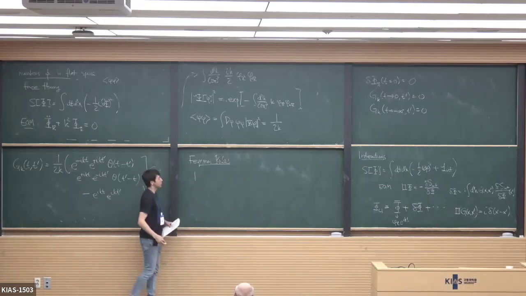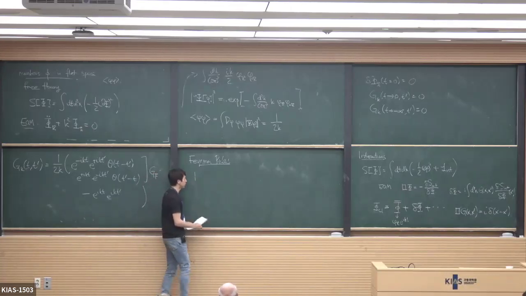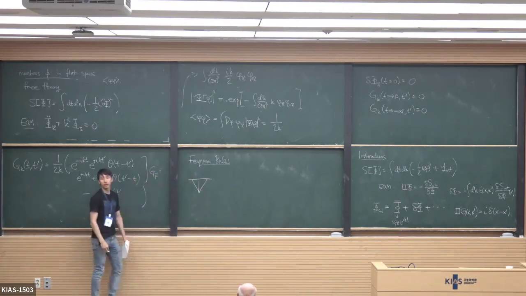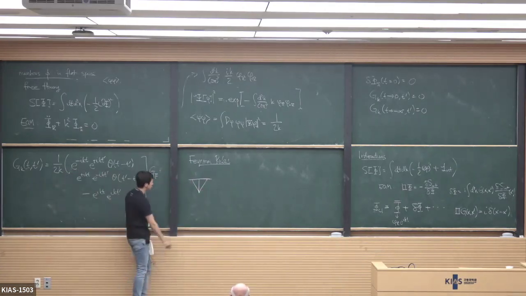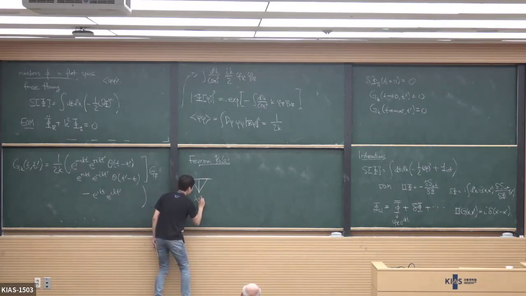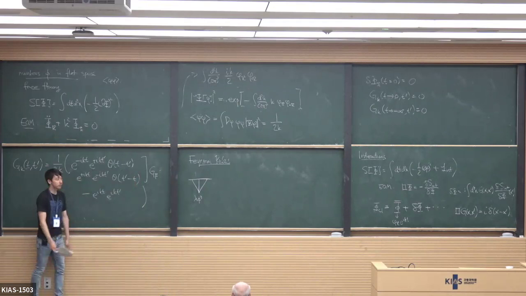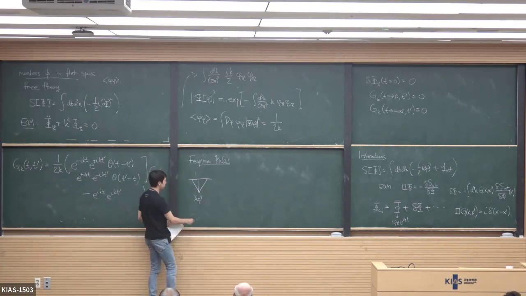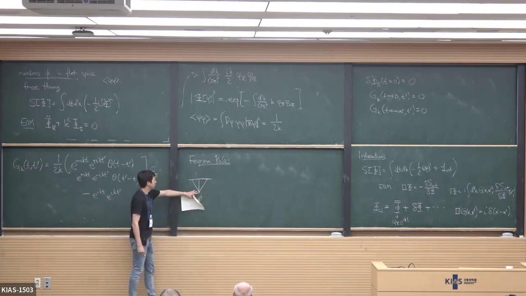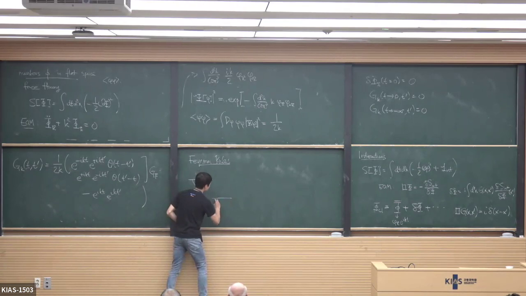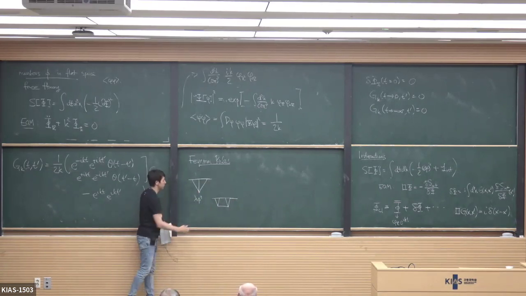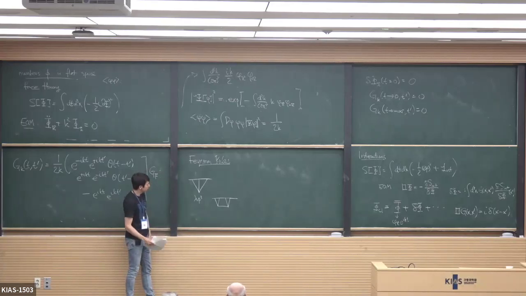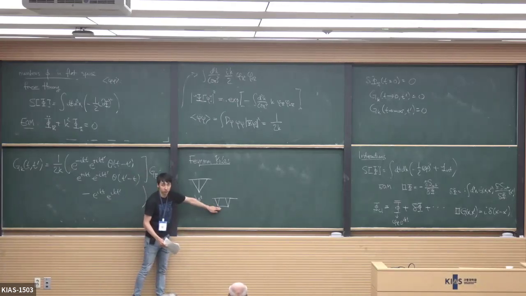When you have a diagram, say that looks like this, let's consider a very simple interaction, lambda phi cubed. So maybe let me also write down this diagram, the four-point function coming from this interaction. It turns out that there are going to be two different types of propagator.